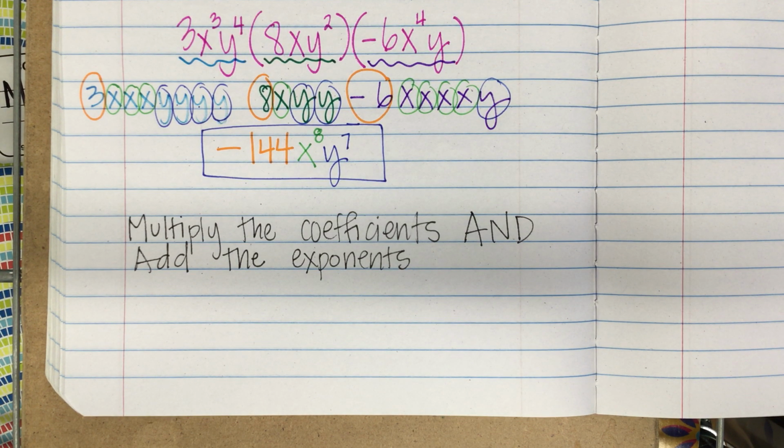I multiply the coefficients, bam, bam, bam, and add the exponents. Multiply the coefficients and add the exponents.